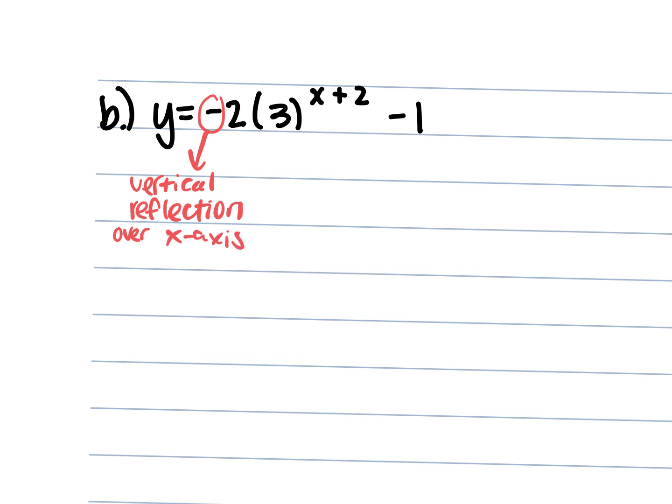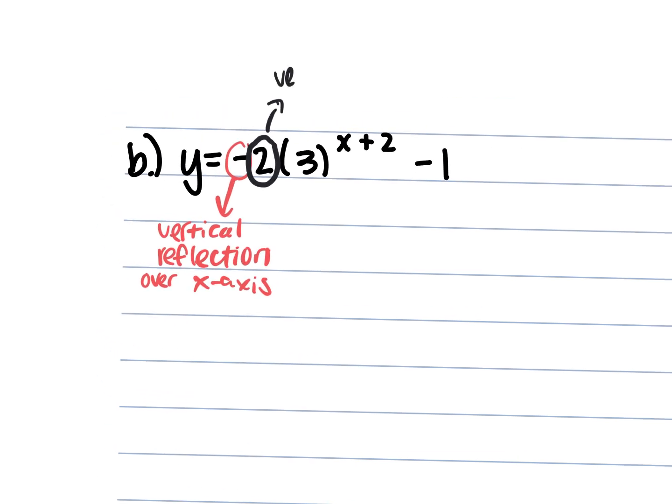All right, and then the second one, we have this 2. It's being multiplied by your function, so it's going to be a vertical stretch by 2. The reason it's a stretch is because it is a number that's greater than 1. It's being multiplied, and it's outside opposite world, which is in your exponent, so it is going to be vertical.